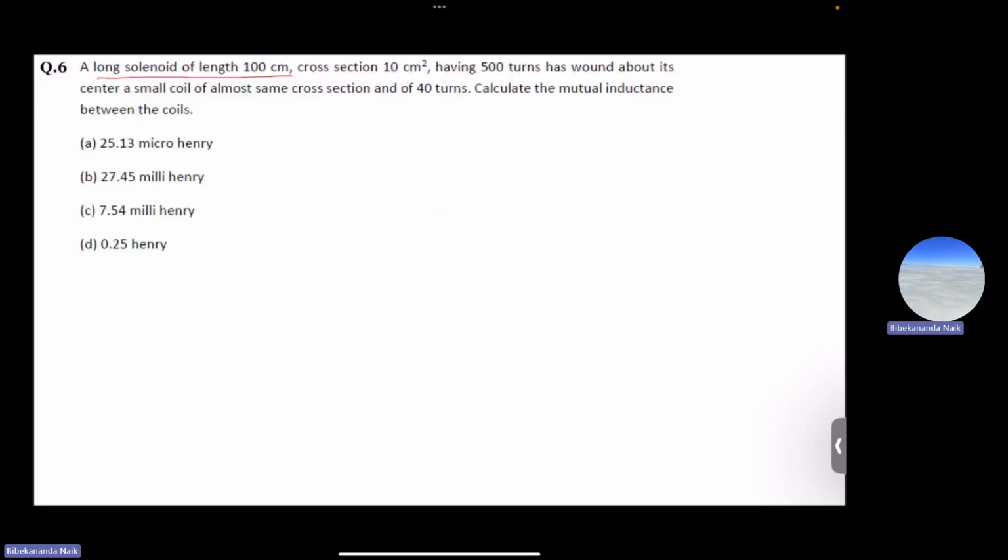So there is a long solenoid of length 100 centimeter and cross section 10 centimeter square, and it has 500 turns, and a small coil of the same cross section and 40 turns is wound over it. Then calculate the mutual inductance between the two coils. I'll give you a few minutes and then we will discuss.